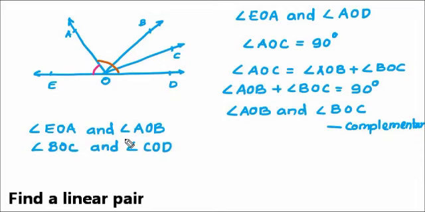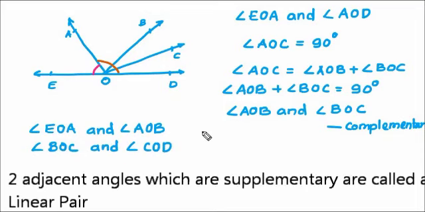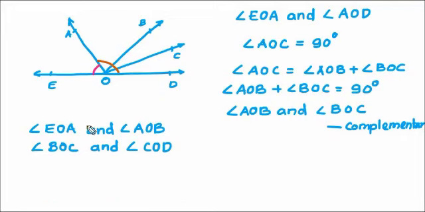The next one is a linear pair. A linear pair is two adjacent angles. When they are supplementary, they are called a linear pair. Now here we have seen that angle EOA and angle AOD were supplementary. And they are also adjacent angles because OA is the common arm and OE and OD are non-common arms, and those non-common arms are on either side of OA.